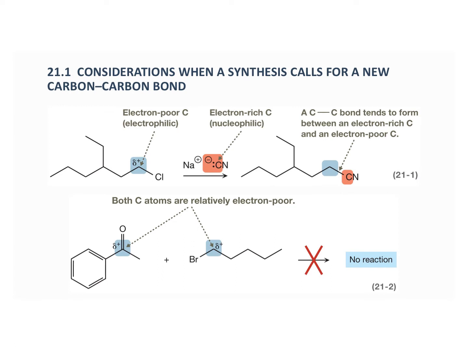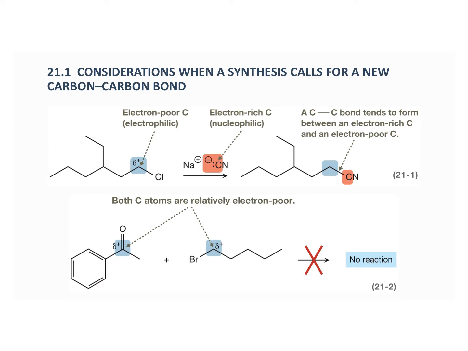Now, because carbon-carbon bond forming reactions normally involve these oppositely charged carbon atoms, a problem arises when we want to form a bond between two carbon atoms bearing the same charge or similar charges. So if we look at equation 21.2, if we were to put these two things in a reaction vessel, there would not be any reaction because there's not going to be any bond that readily forms here, because these atoms here both have similar charges.